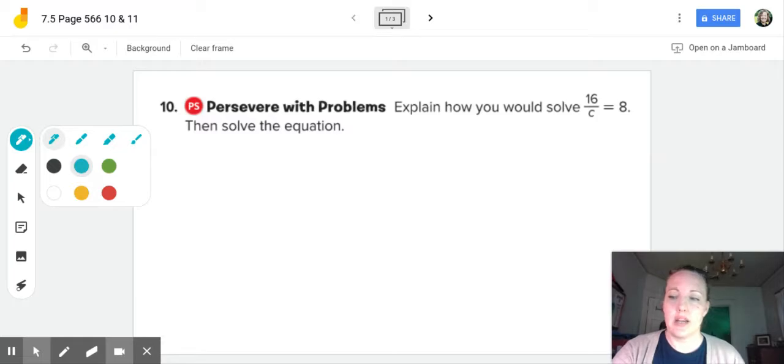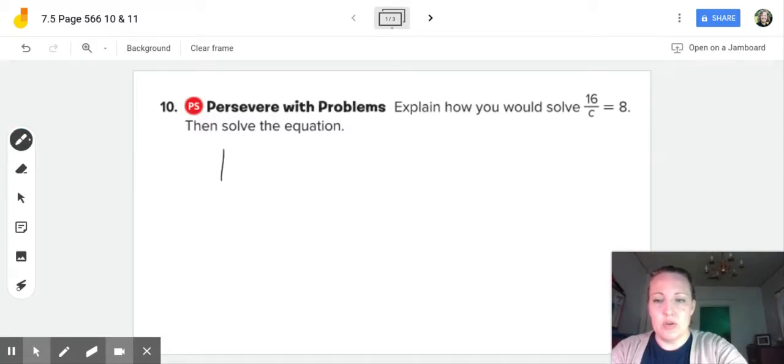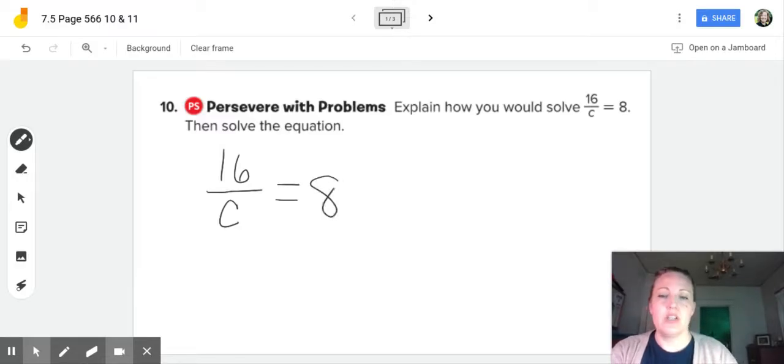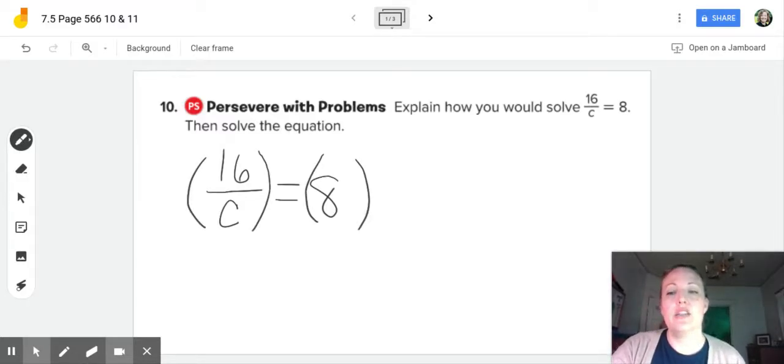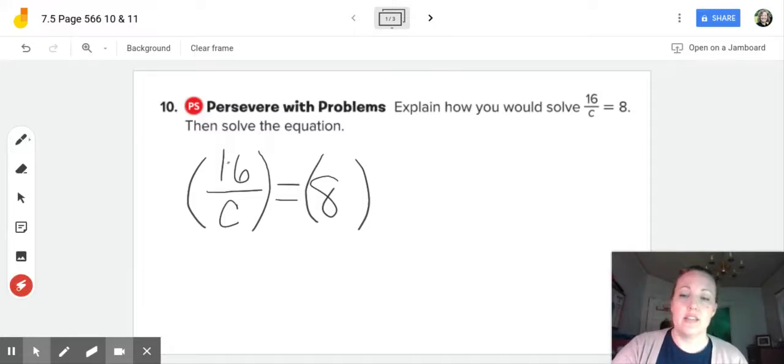But here's what your book is actually wanting you to do. They're writing it out algebraically. So 16 divided by C is equal to 8, and they want you to show that you can isolate the variable. In this case, we're going to undo this division with multiplication.